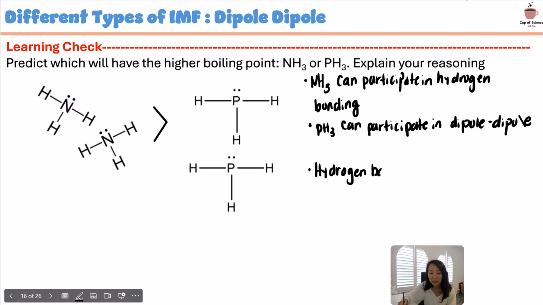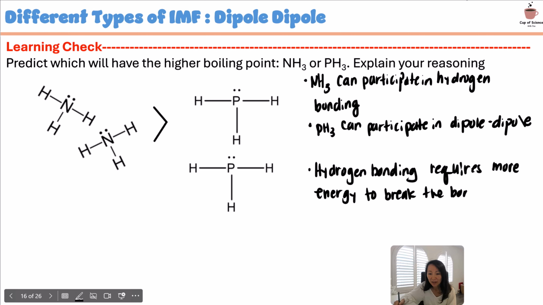Hydrogen bonding requires more energy to break the bond compared to dipole-dipole. Thus, greater boiling point.